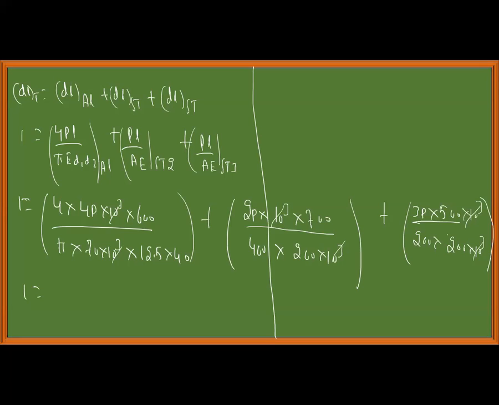I got it previously only, I thought it was wrong. P we are expressing in kilonewton, right? So P is equal to 7.027 kilonewton. Hope you have got it right.